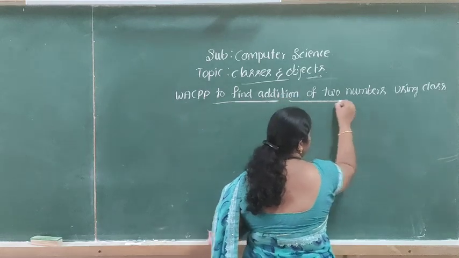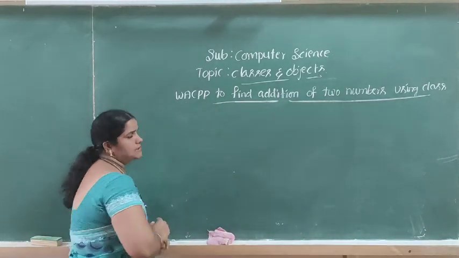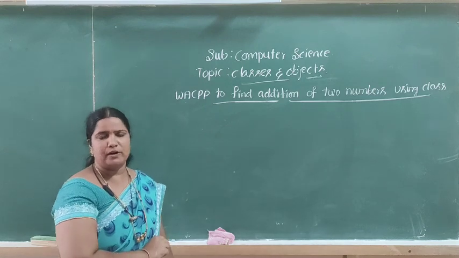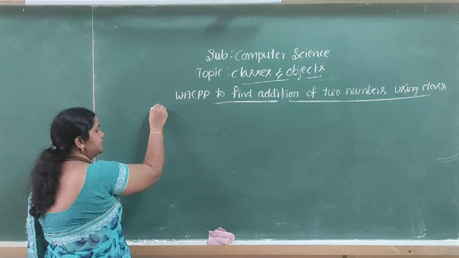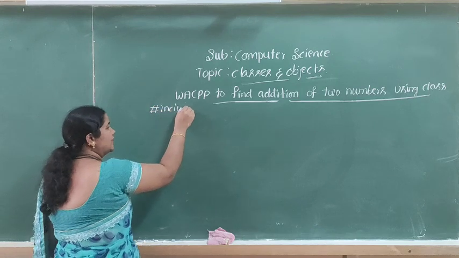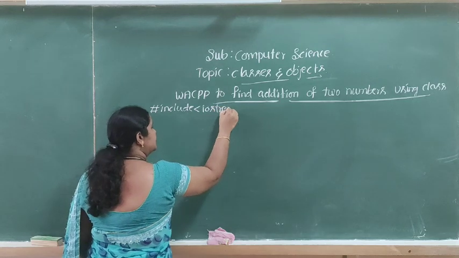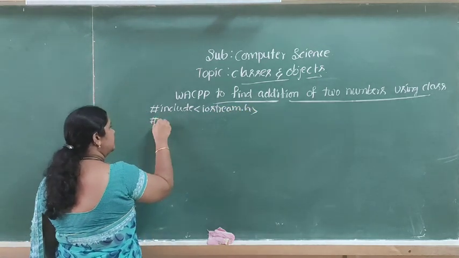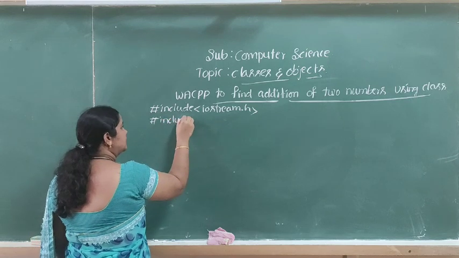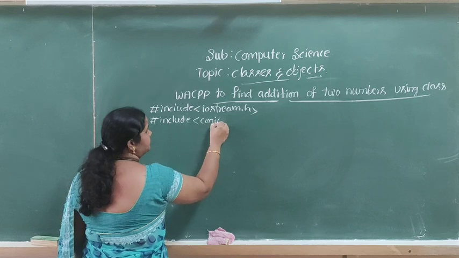A C++ program must contain the header files like hash include iostream.h, next hash include conio.h.